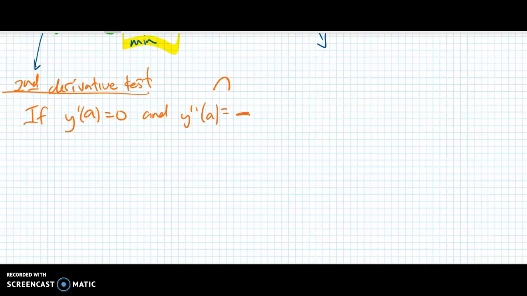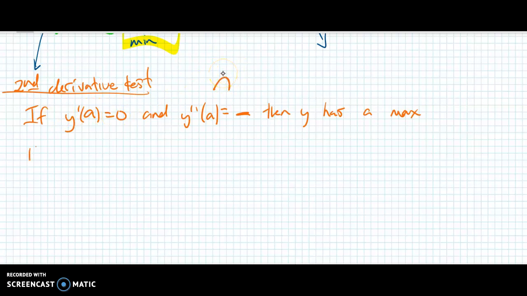So the second derivative is negative. What are we going to get? Then y has a max. The reason why I draw this every time is because in my mind, negative intuitively means minimum, right? But as you can see, the negative doesn't mean minimum. The negative means concave down, which paired with this being equal to 0 gives me a maximum, right?